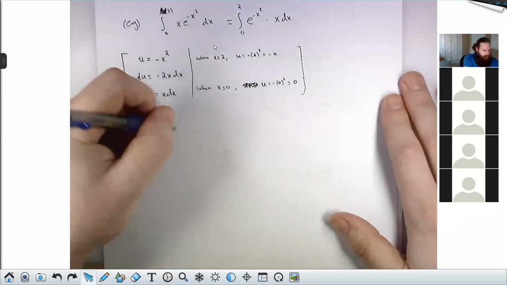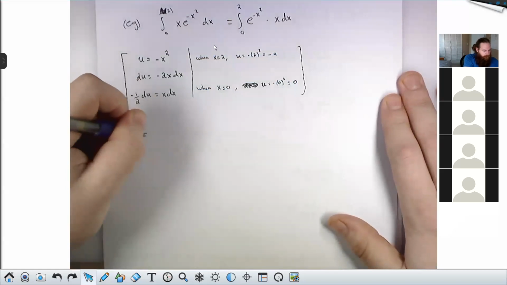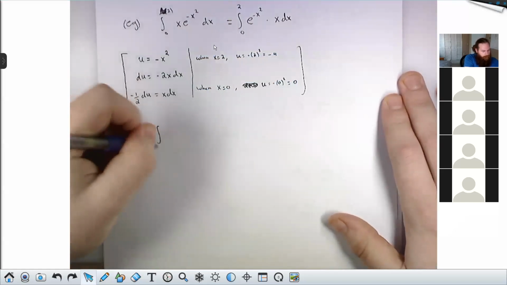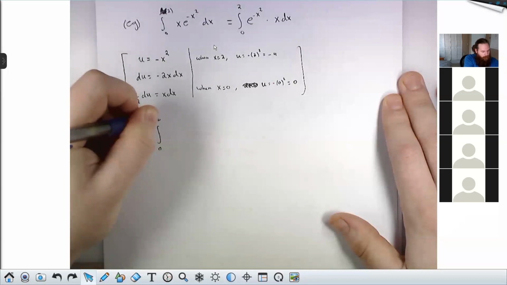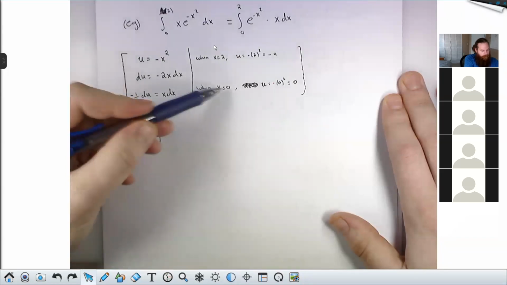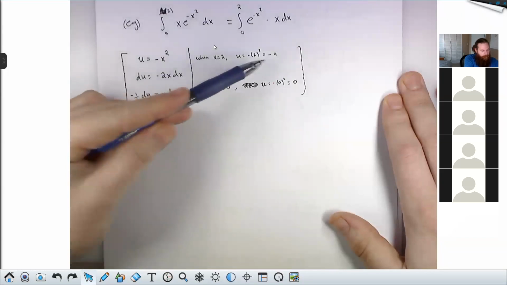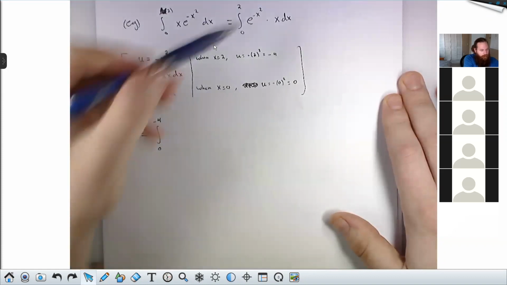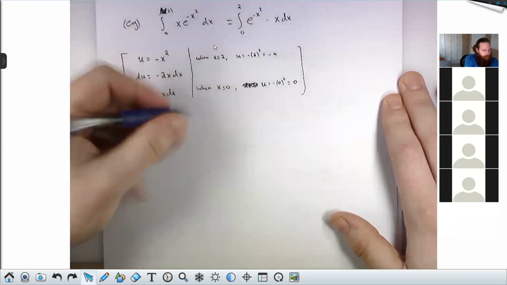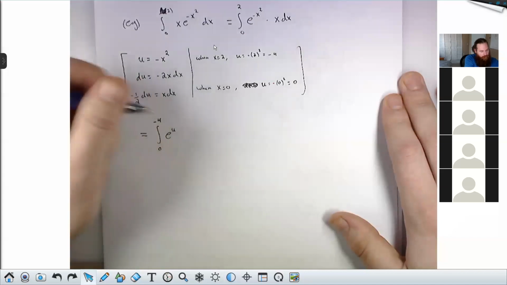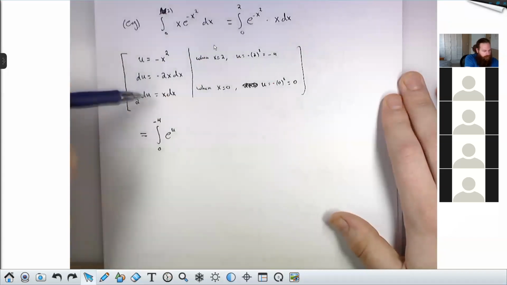So under this substitution, my integral becomes the integral from 0 to -4. 0 stayed 0, but 2 became -4. e to the negative x squared becomes e to the u, and x dx is -1/2 du.